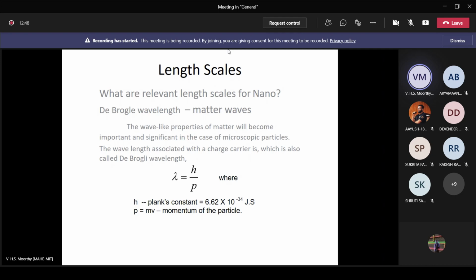Then we discussed the structure of diamond and some other single-basis materials, metals.